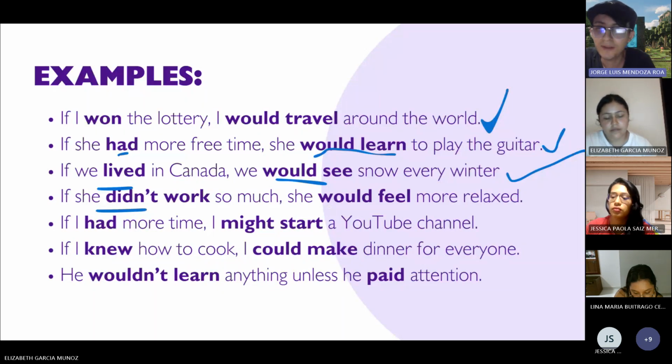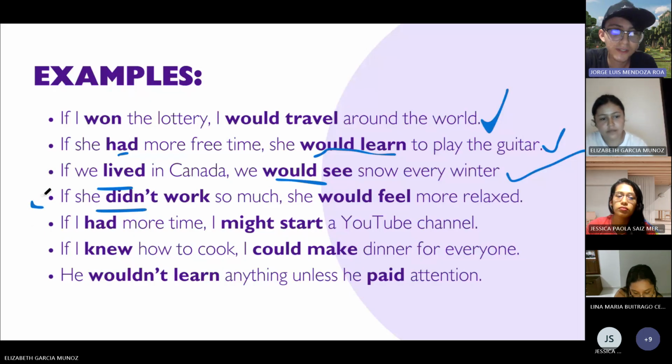Yeah, that's correct. Thank you. Okay, with the fourth one, maybe Cynthia, can you help me reading that one? If she didn't work so much, she will feel more relaxed. Si ella no trabajara tanto, ella se sentiría más relajada. Thank you. That's correct.